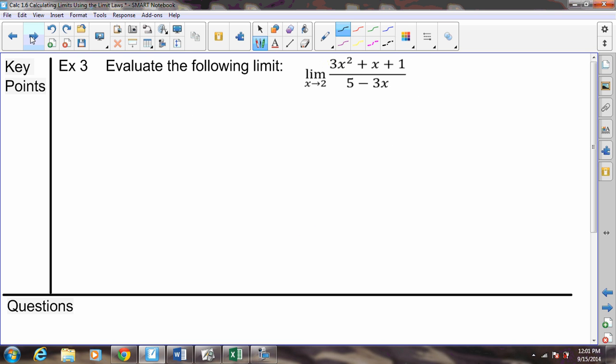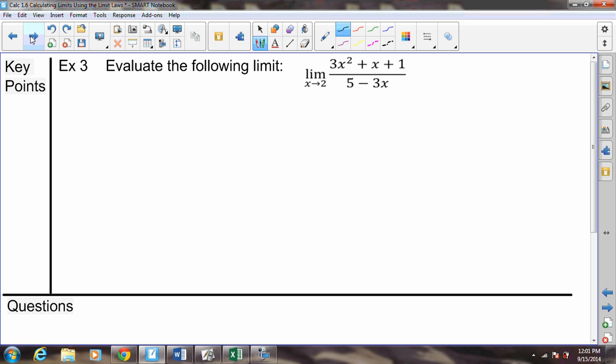Example 3 is similar. How is this different? Well, of course, we can see that this top part here, we'd have 3 times the limit of x squared plus 1 times the limit of x plus the limit of 1 all over. Basically, we're seeing all these pieces that are coming in.